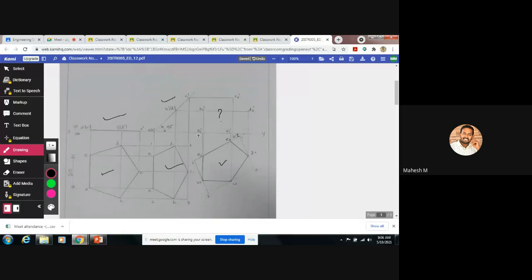Here the person has marked A2 dash, B2 dash, C2 dash, D2 dash, and also E2 dash. But in the last step, most of them forget to connect these 5 points. That means you have to connect these 5 points, right?